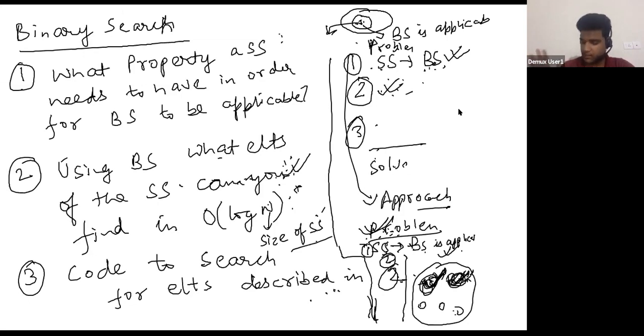We are just discussing questions for which this can be applied, and if this can be applied, how we will be applying it. If finding that element does not help you solve the original problem, then there is no point in doing this exercise. It might be a problem involving some other algorithm or some other technique, right?